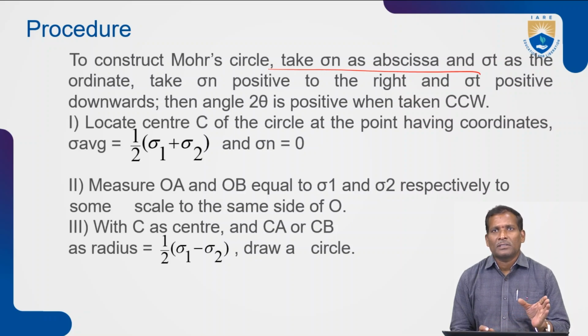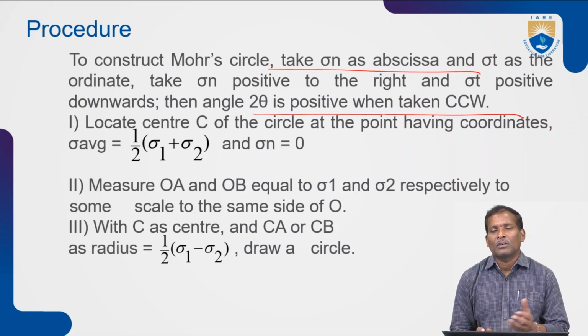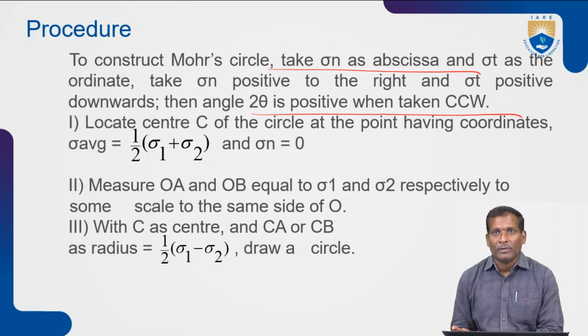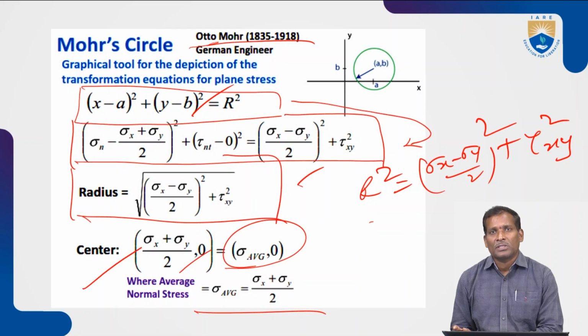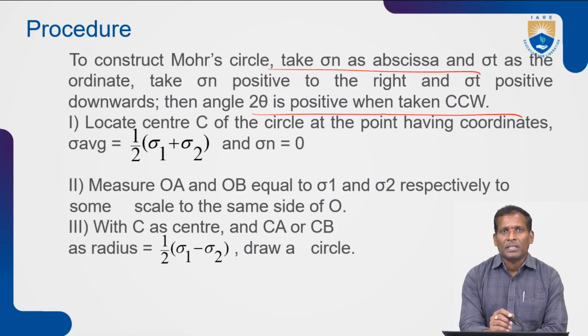Take sigma n positive to the right and sigma t positive downwards. Then angle 2 theta is positive when taken counterclockwise. These are the important points while constructing the Mohr circle. Clear? One by one, we will now see the steps.